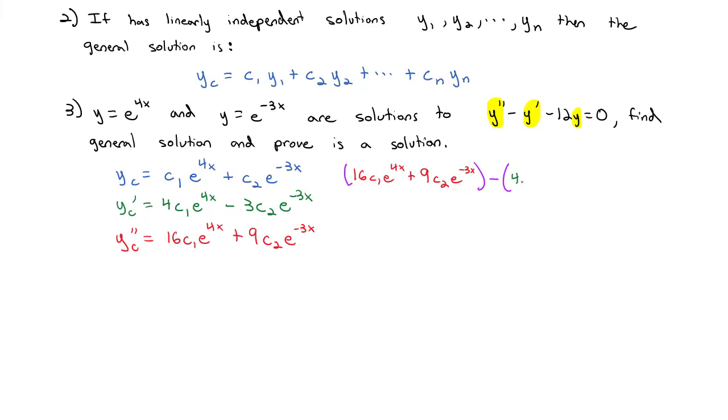Y prime is 4c1 e to the 4x minus 3c2 e to the negative 3x. And then we're going to subtract 12 times y. Well, y was c1 e to the 4x plus c2 e to the negative 3x.